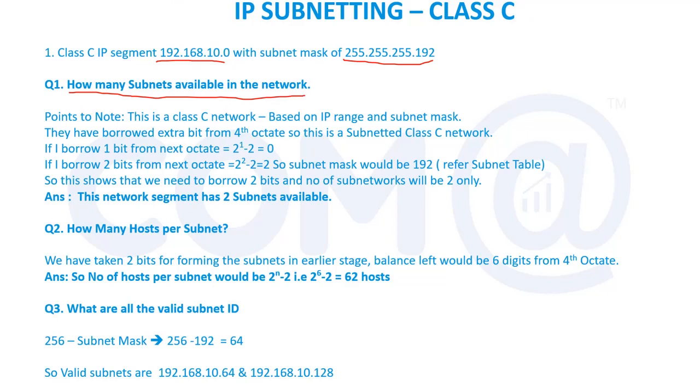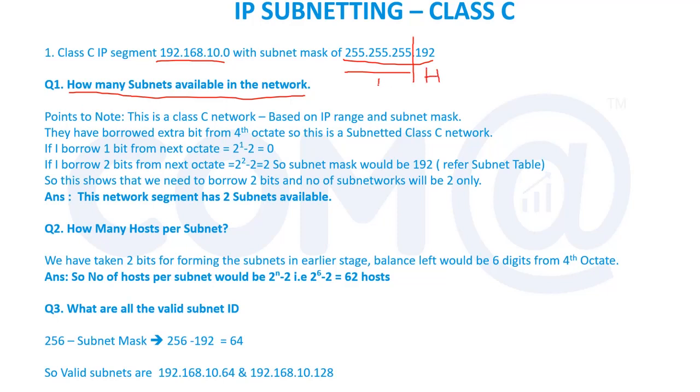Now I have a class C IP address, and by seeing the subnet mask, 255.255.255.192, I can easily understand it is class C. If I borrow 1 bit, what happens? These 3 portions will be the network portion, and 1 portion is the host portion. That is the normal standard.